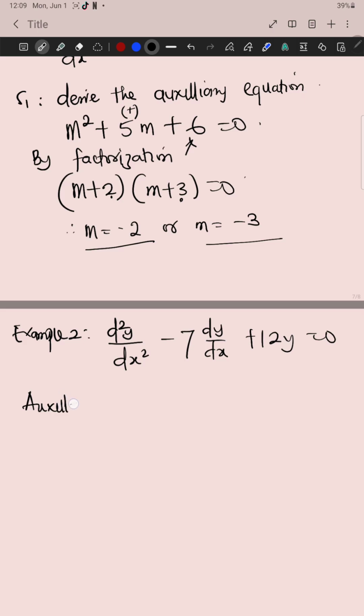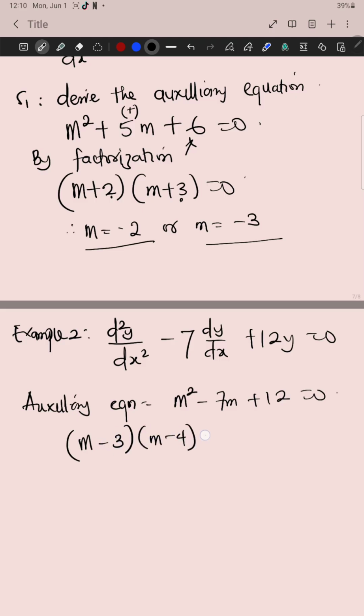The auxiliary equation here is what? It is m squared minus 7m plus 12 is equal to 0. So we have m minus 3, m minus 4 is equal to 0. So we have m is equal to 3 or m is equal to 4. Do you see that?